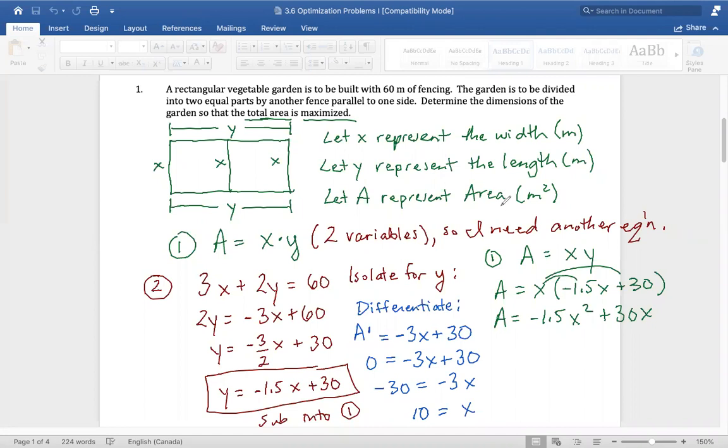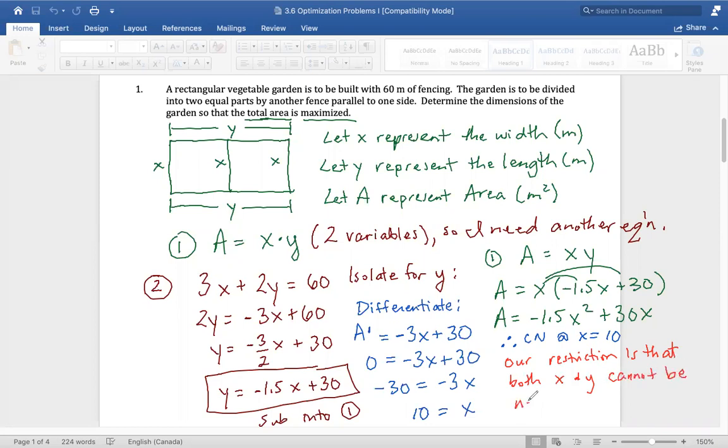So that actually leads me to my restrictions, which I can also fit in here just before I continue on the other page. So therefore, what I found out was my critical number, right? My critical number is at x equals 10. And our restrictions I was talking about here: both x and y cannot be negative.